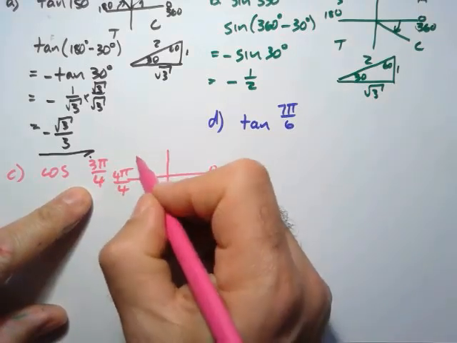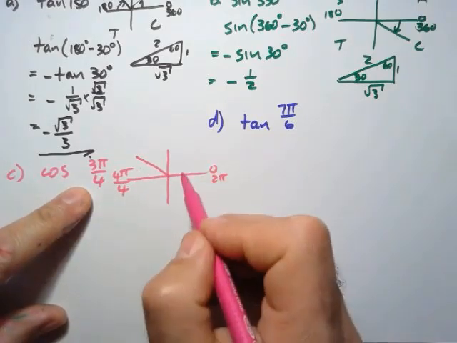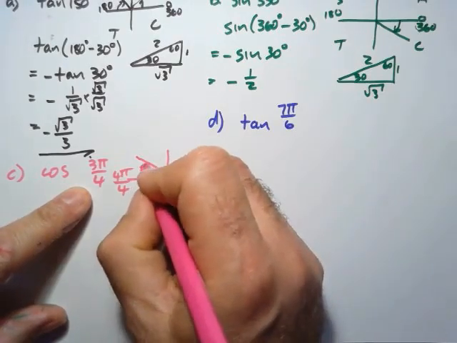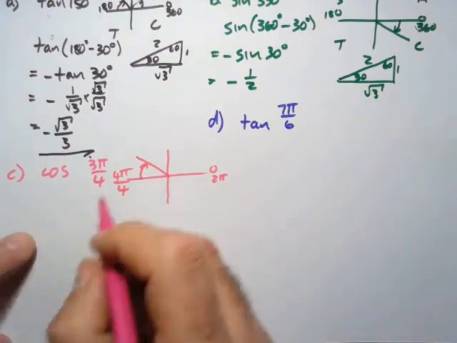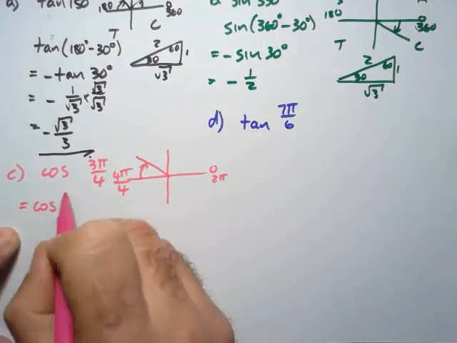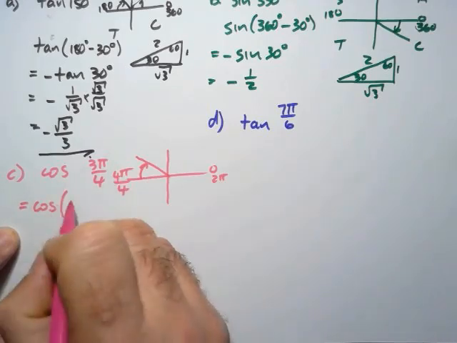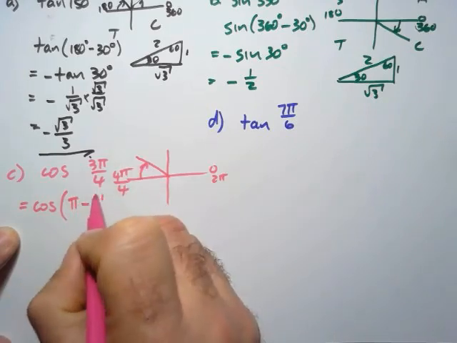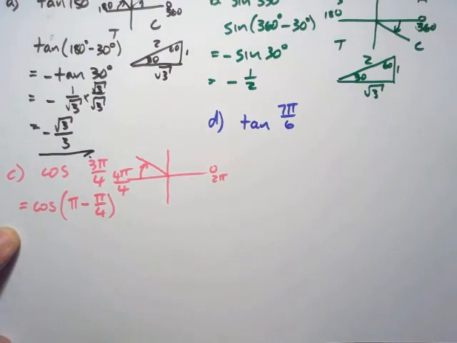Well, if I start there, it will just be in front of that. So to get to that place, this is the same as the cos of 4 pi over 4, which is pi, take away 1 pi over 4, I will get exactly the same value. That's 3 pi over 4.